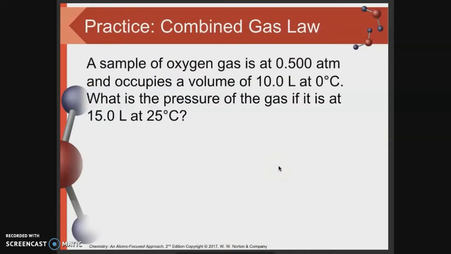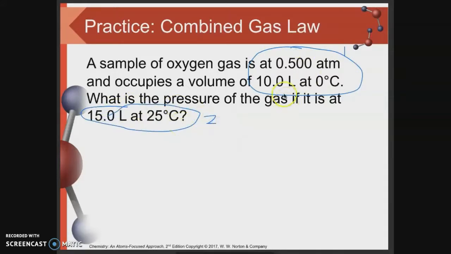So in this example, I have a sample of oxygen gas at 1/2 of an atmosphere, taking up 10 liters of space at 0 degrees Celsius. What is the pressure of the gas if it is at 15 liters and 25 degrees Celsius? Now, thing that we need to be aware of, obviously we've got one set of conditions here and a second set of conditions here.